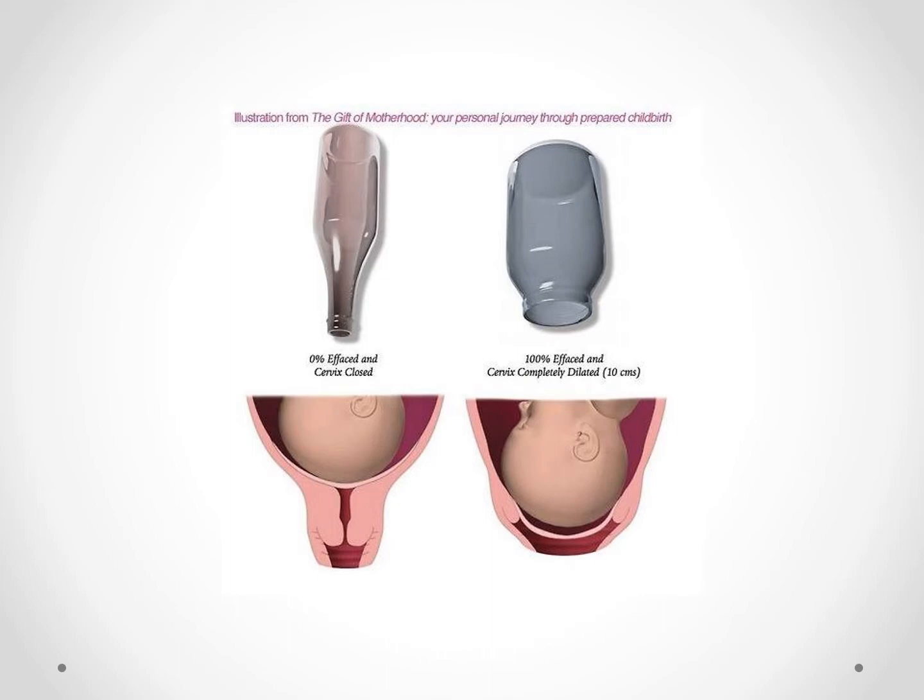And then the mayonnaise jar represents a very small thickness to the neck, let's say. So that's effacement, 100% effaced, and then a really big opening in the top, and that's 100% dilatation. So if you think about that, ketchup bottle, no effacement, no dilatation, mayonnaise bottle, complete dilatation and effacement, that might help you understand as well.